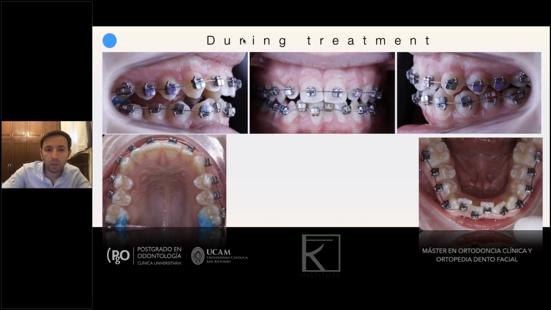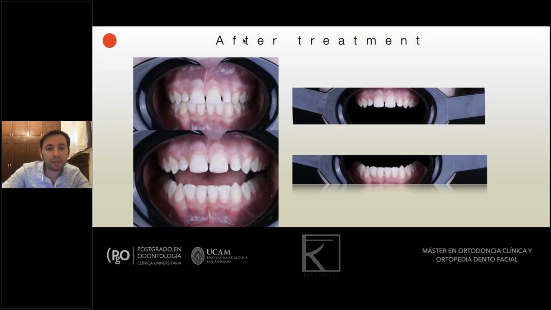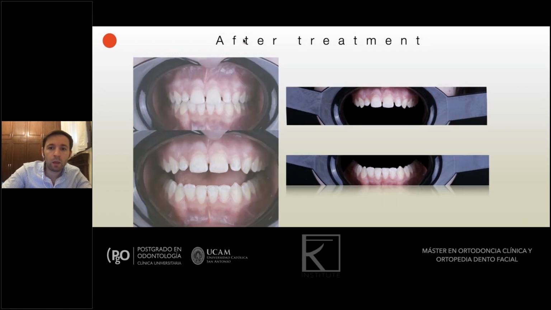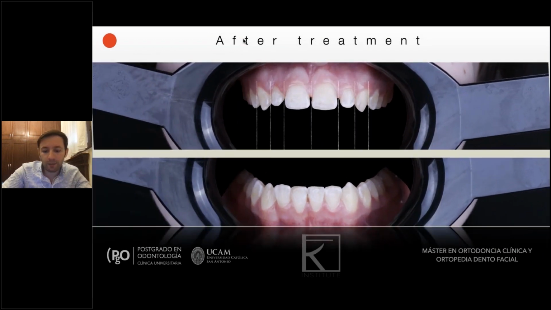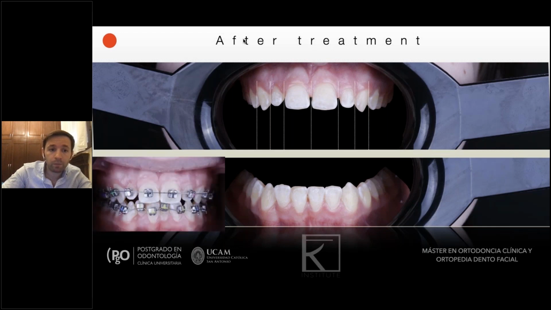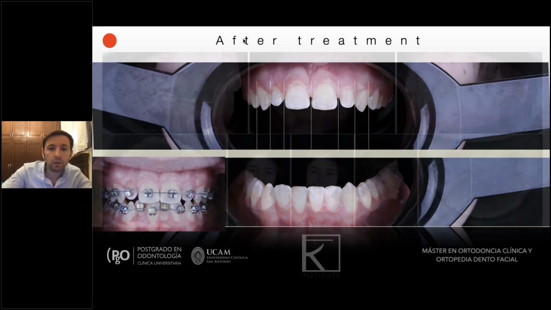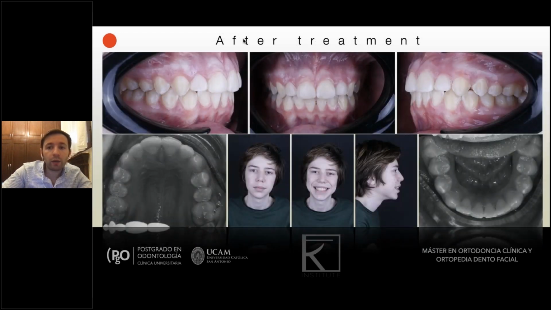So when we do treatment like this, when we have the opportunity to do aesthetics just as we finish the orthodontic treatment, look at this patient. We are going to solve all the problems that the patient has.